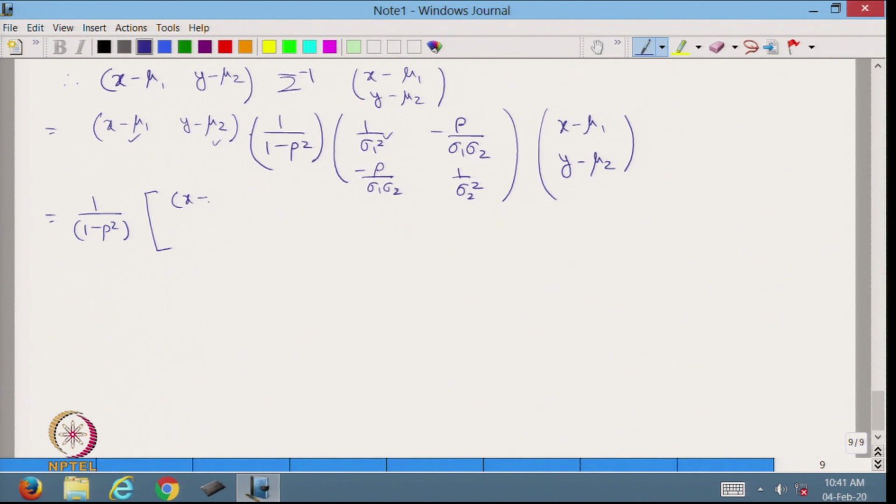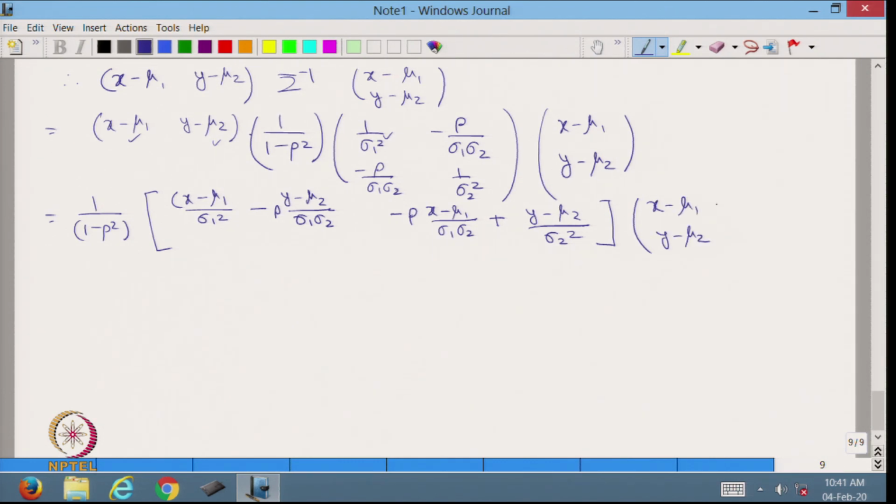Therefore, we are getting x minus mu 1 upon sigma 1 square minus y minus mu 2 upon sigma 1 sigma 2, and the second term is minus rho x minus mu 1 upon sigma 1 sigma 2 plus y minus mu 2 upon sigma 2 square, multiplied by x minus mu 1, y minus mu 2, is equal to 1 upon 1 minus rho square.